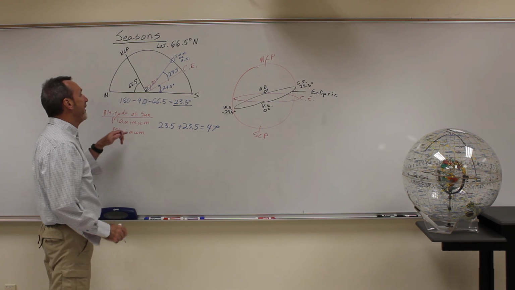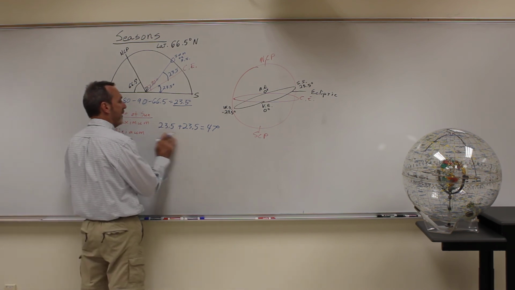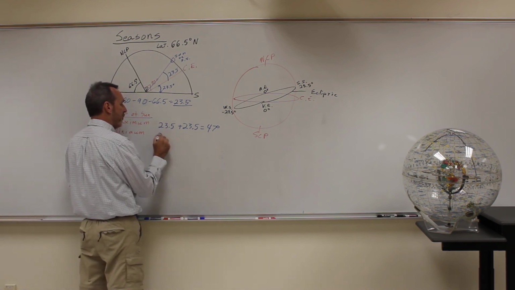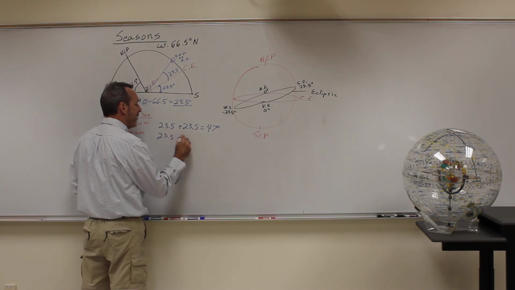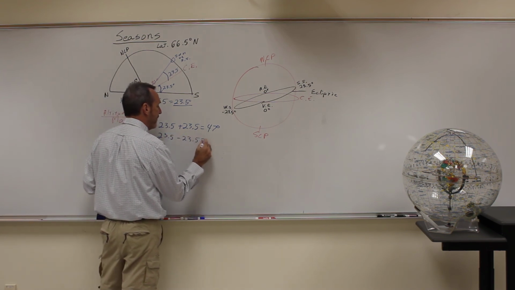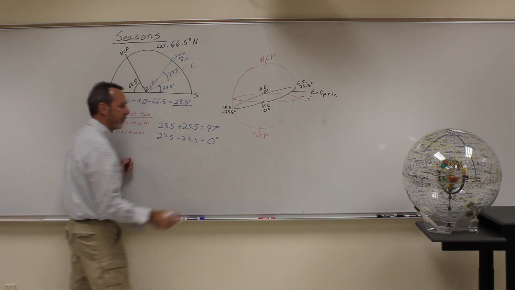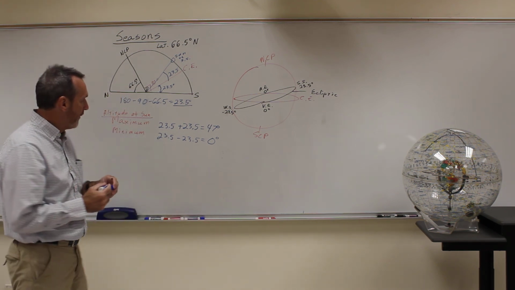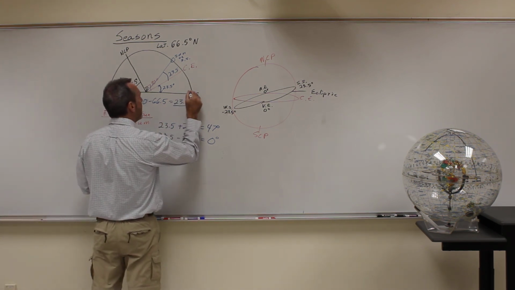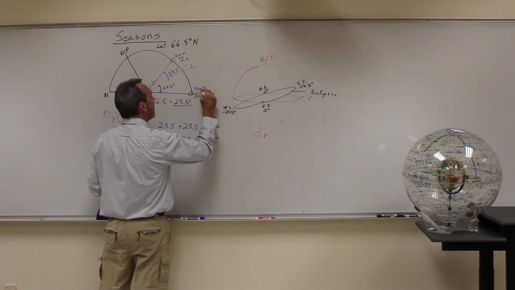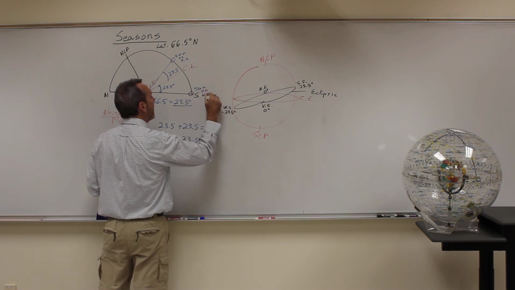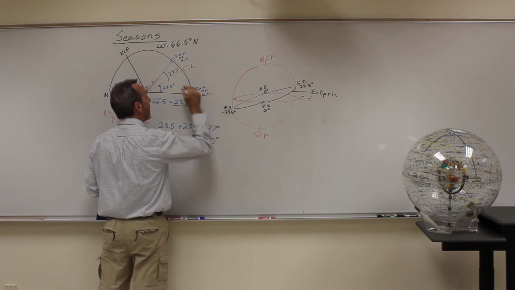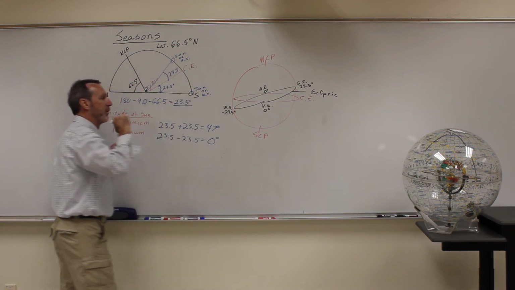The minimum is going to be equal to 23 and a half minus 23 and a half, or 0. Which means the sun on the winter solstice is right here, 23 and a half degrees below.